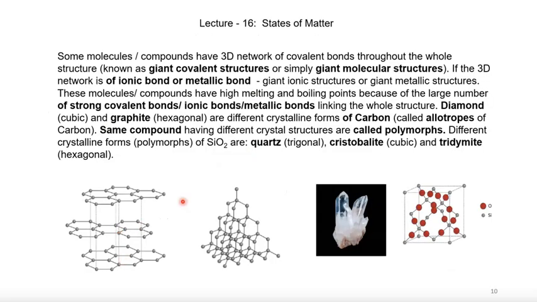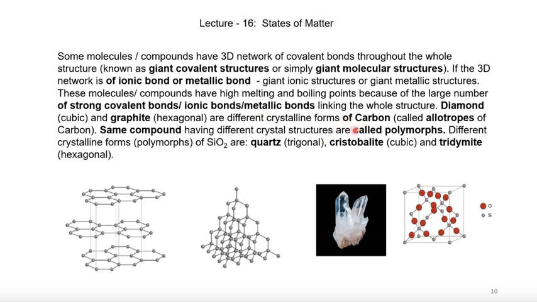Well, with this slide, we probably finish today's lecture. If we remember, we were talking about giant covalent structures, giant molecular structures, that is, a 3-dimensional network building up a huge structure. For example, we take carbon.